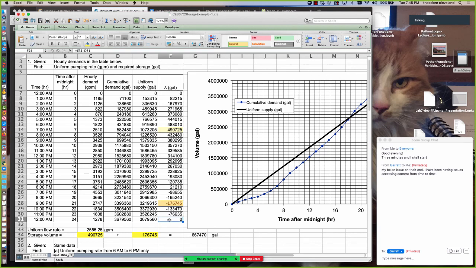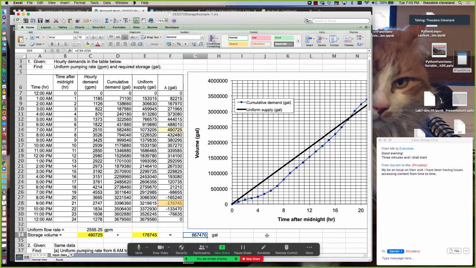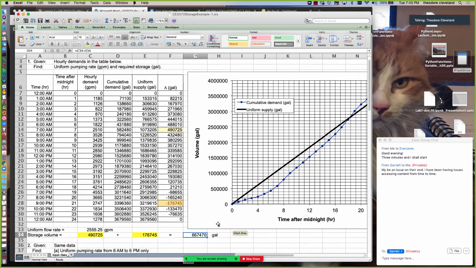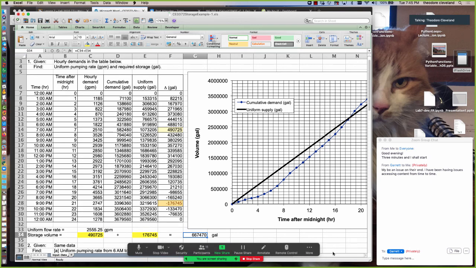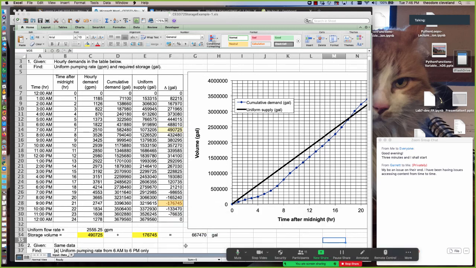And that's the biggest negative value. And then we add the biggest positive to the absolute value of the biggest negative for a total storage requirement of 667,000 gallons. That's for a 24-hour drawdown.